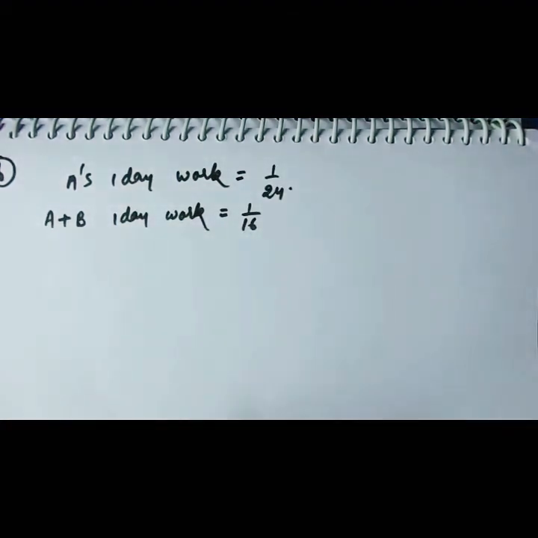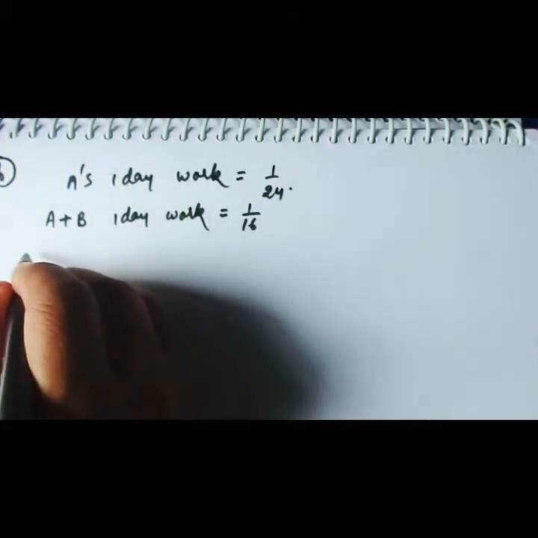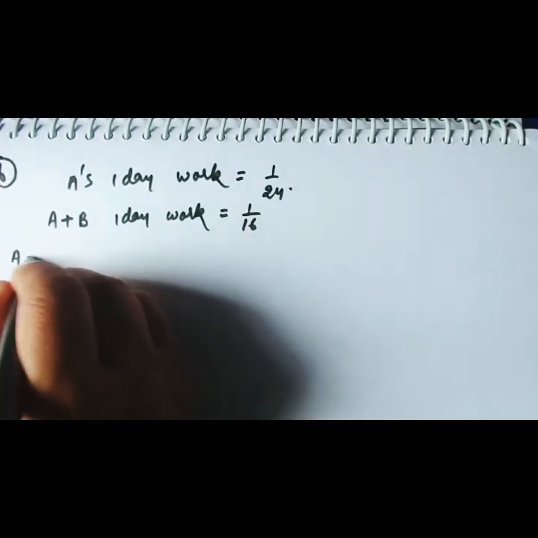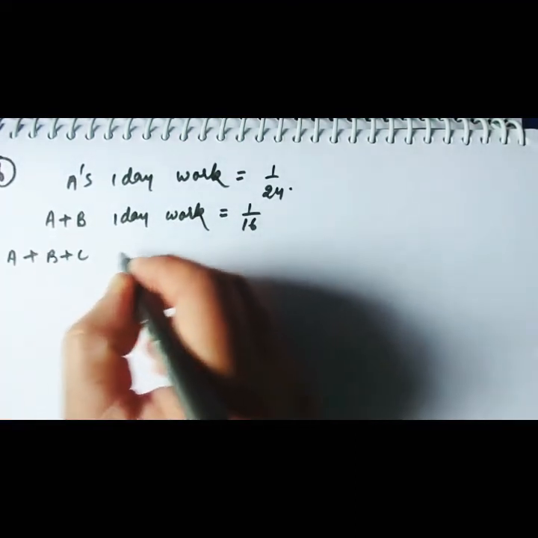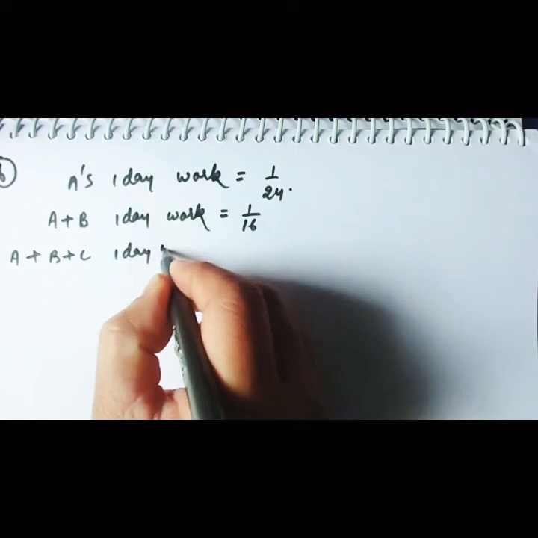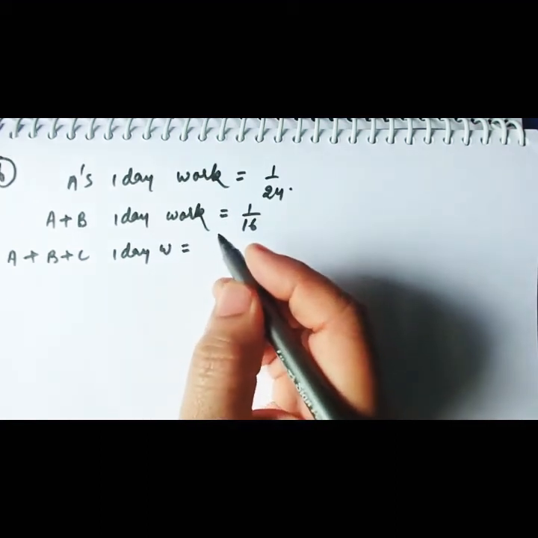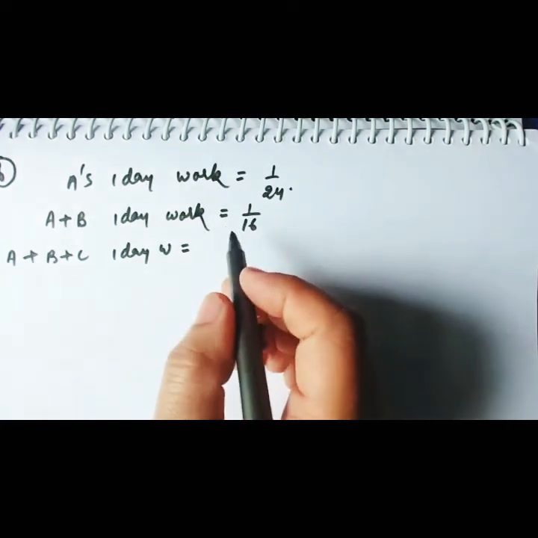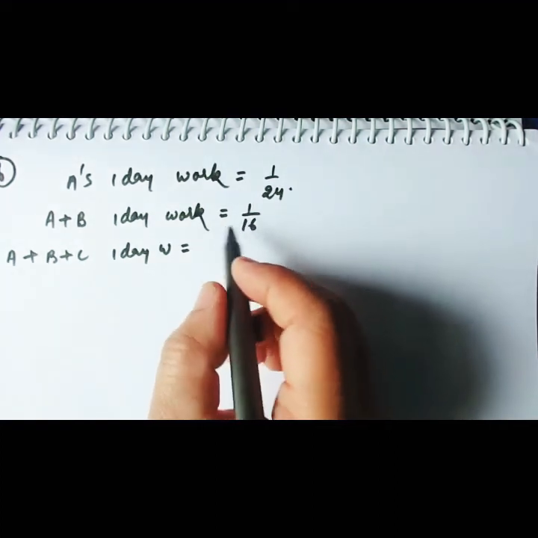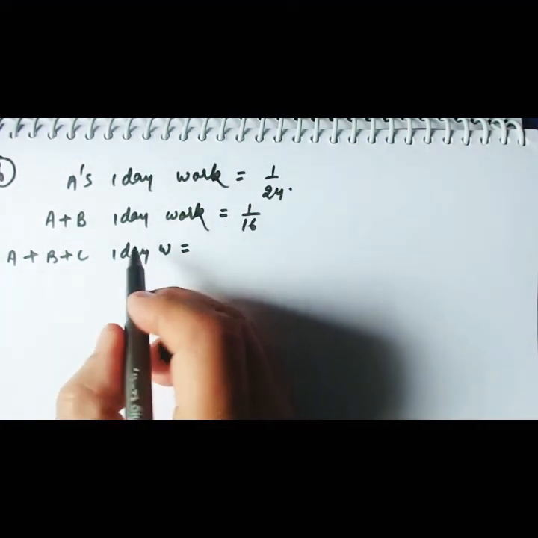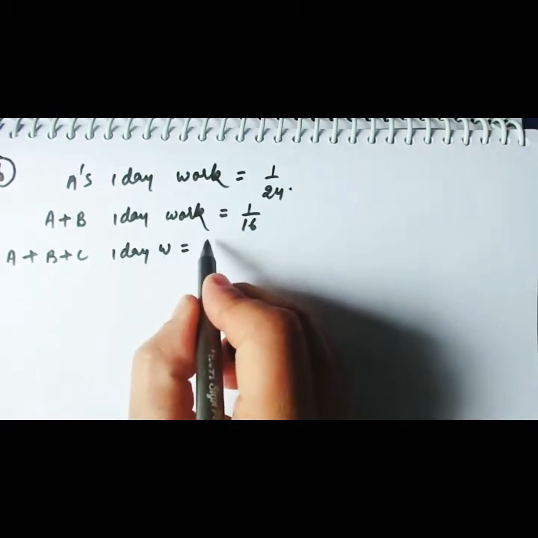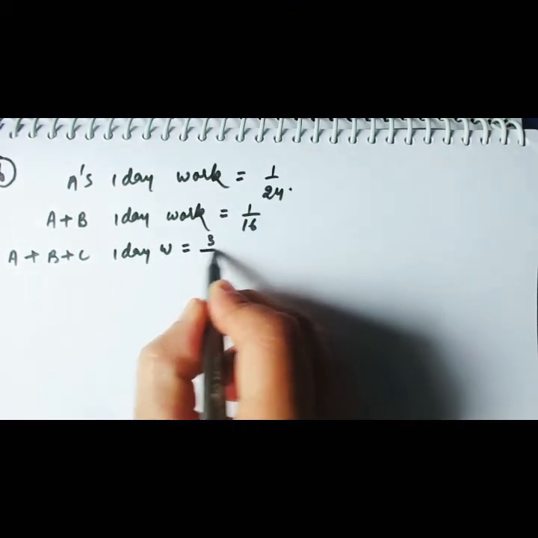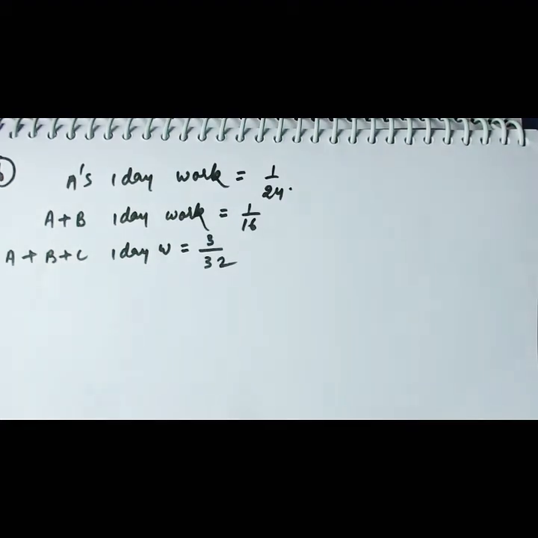And A, B and C, let me write this also. So A plus B plus C 1 day work will be equal to 10 2 by 3. So 10 2 by 3 is equal to how much? 32 by 3, but here we are finding it for 1 day. Therefore 3 by 32, 1 day work.